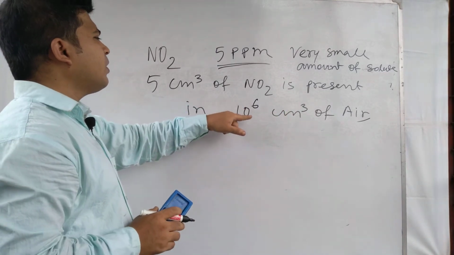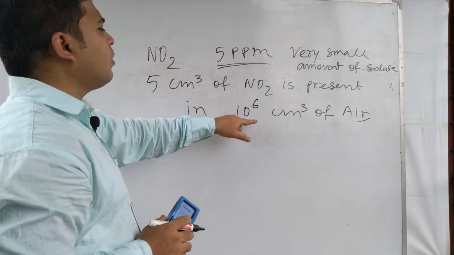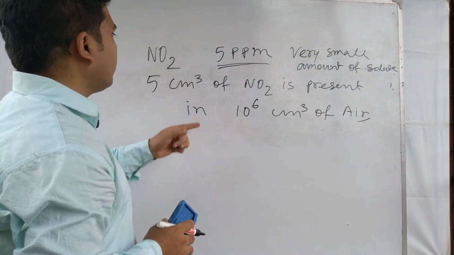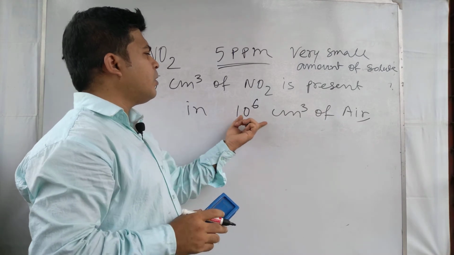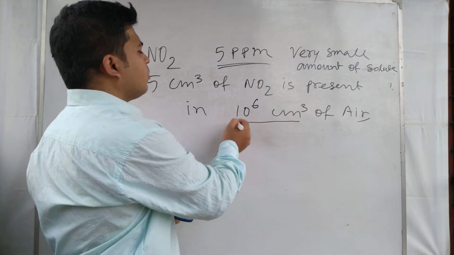It is 10 to the power 6 centimeter cube of air, 1 million parts, so it is 5 centimeter cube in 10 to the power 6 centimeter cube of air.